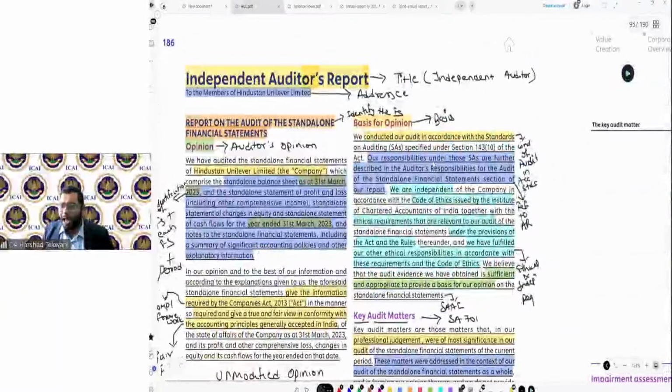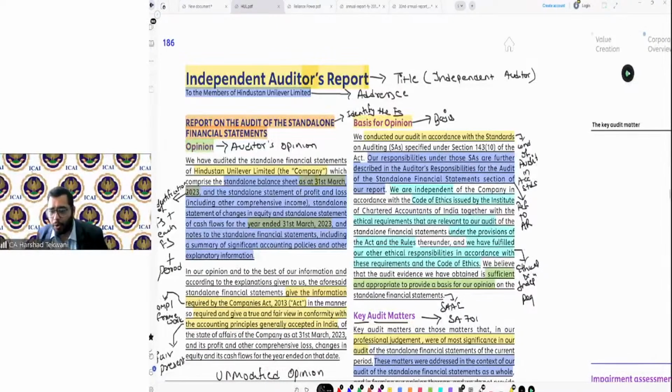What are these numbers? Are they the comparative financial statement, because one whole financial statement for FY22 is given, or are they just corresponding figures?